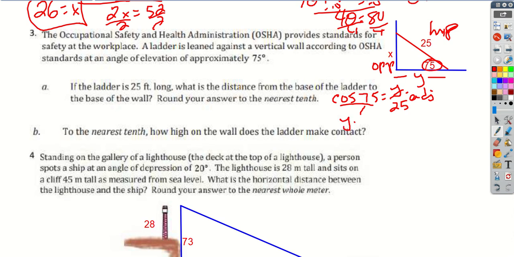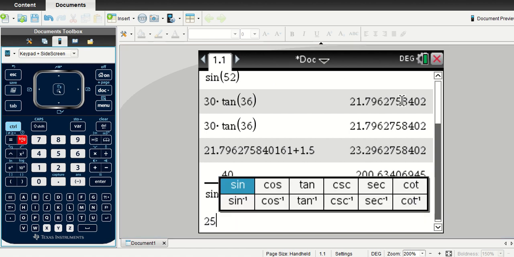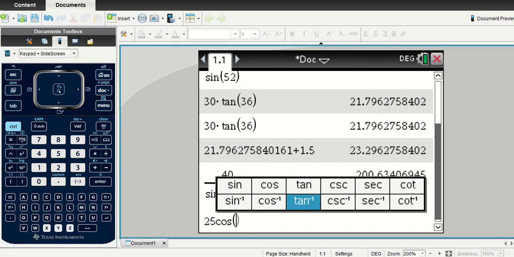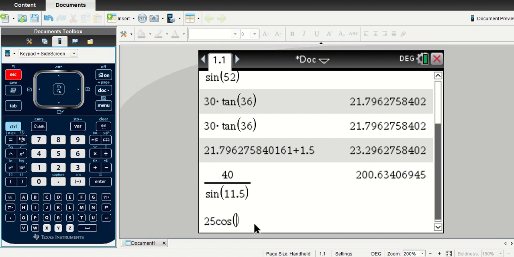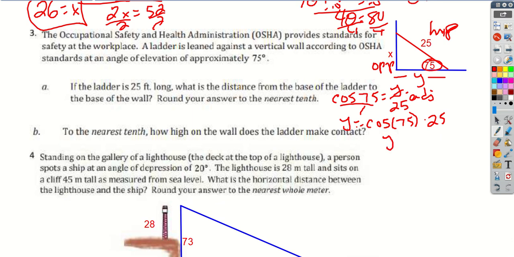We're going to get y is equal to the cosine of 75 times 25. So we'll put the 25 first though. Cosine of 75. We're going to get 6.47, nearest tenth, it's going to be 6.5.